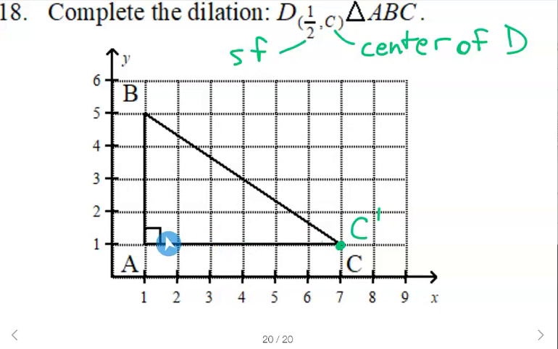Now if I take this distance and half it, I'll get the new point. So that was 6, half that you get 3. So my new point there for A prime will be at 4, 1. And then you may have figured out these are right triangles, so if you want to use that idea, you can stop there and put B prime there. You can also think about what this distance is and half that.